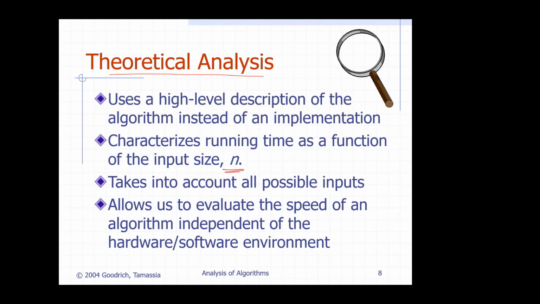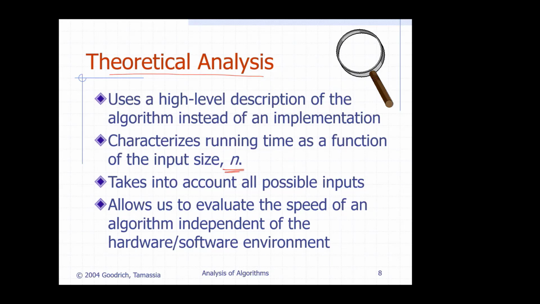So we are going to do theoretical analysis in this class, and not use actual implementation. The way we studied in the last class, for any problem, we are going to design an algorithm, and then analyze how many times this algorithm is going to execute.